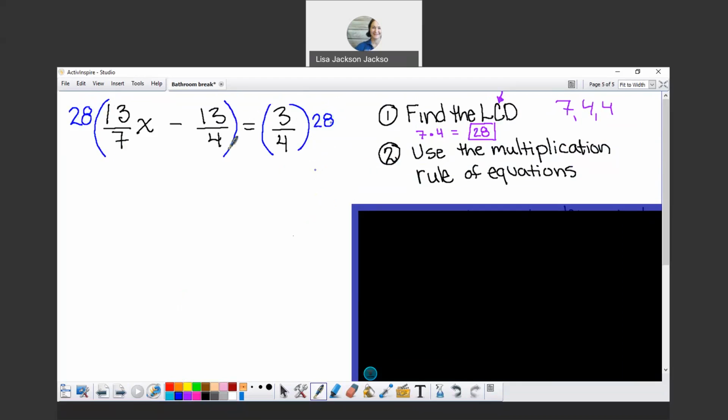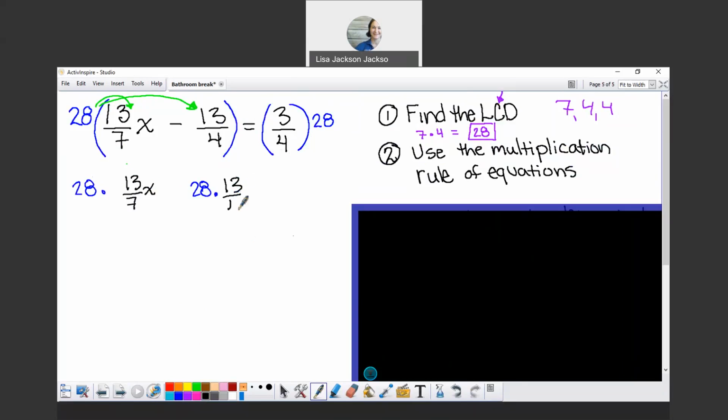Now we need to know that multiplication is distributive. So once I said I was going to multiply this by 28, then I multiply every term on that side by 28. I'm going to pause and rewrite this so it's a little bit easier to look at. 28 times 13/7 x. 28 times 13/4.